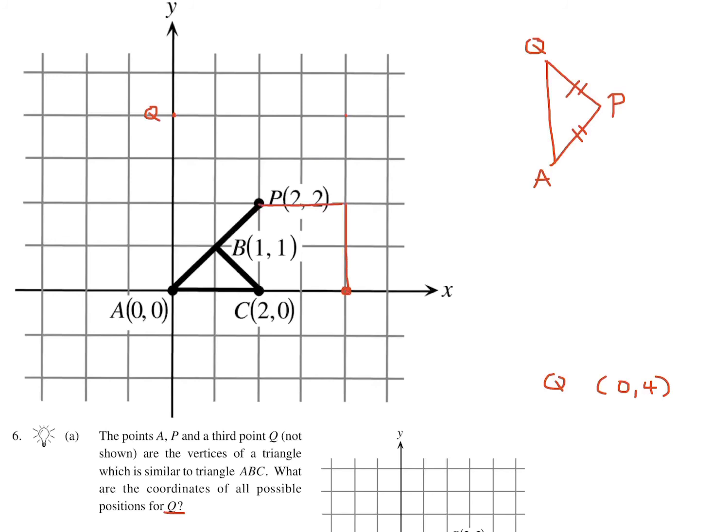And that would give us this point here. And that would definitely work as a Q. Because now you've got an isosceles triangle, this side and this side. And these are indeed 45-degree angles. Okay, so this Q looks like 4, 0 is the next coordinate for us. Okay, great. Let's just keep going.